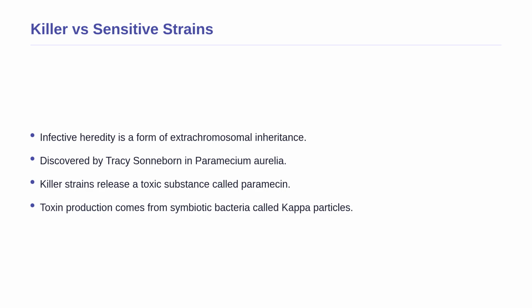He found that some are killer strains because they release a toxic substance called paramecin. This toxin kills other paramecia, which are naturally known as sensitive strains. The ability to produce this toxin is entirely dependent on tiny symbiotic bacteria living in the cytoplasm, known as kappa particles.